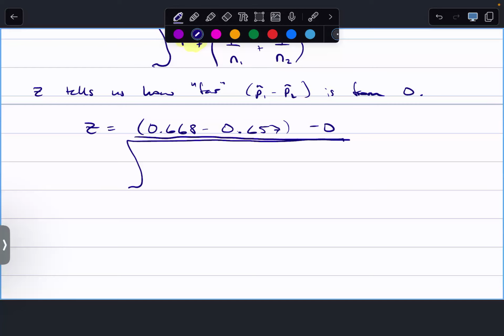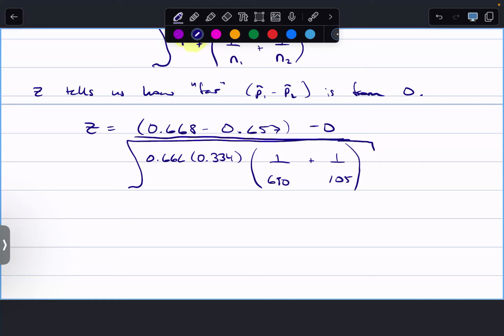Divided by, and I'll use 0.666, which is the pooled proportion, times 0.334, times 1 over N1, N1 was 680, and 1 over N2, which was 105. Keep that all under the square root.